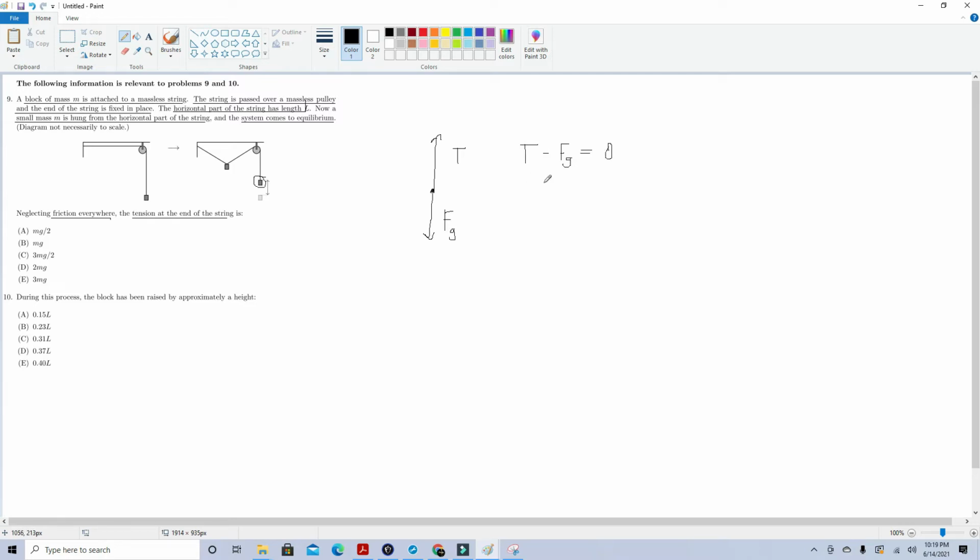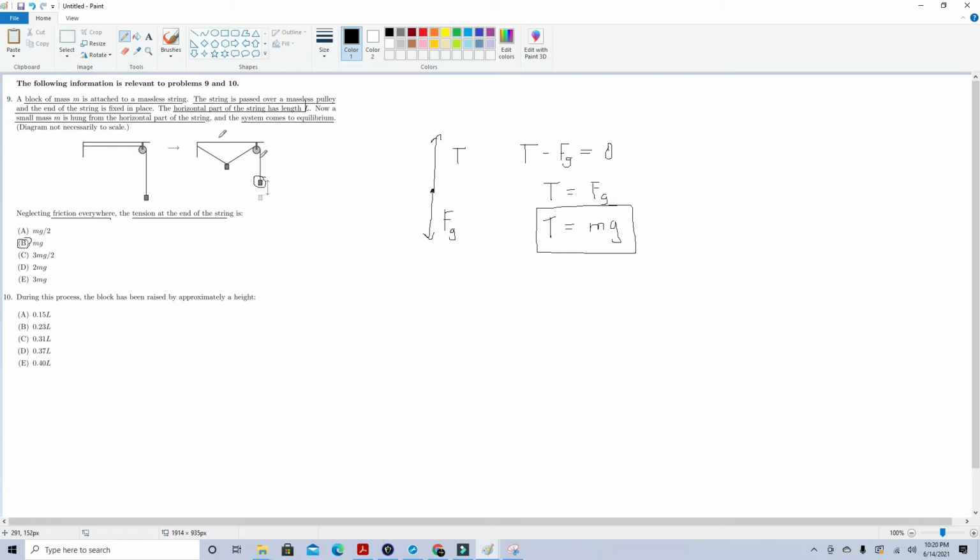From here, we can move the gravitational force to the other side, and we get tension is equal to Fg, where Fg is the force of gravity. That means tension is simply mg, because Fg, the force of gravity of any object, is its mass times the gravitational acceleration. So here we see that T equals mg, giving us the answer to the first part of the question.